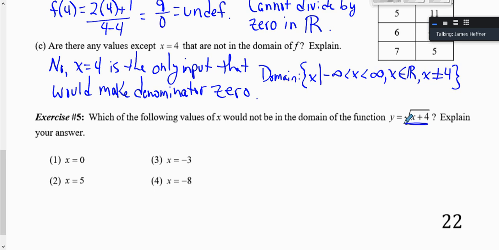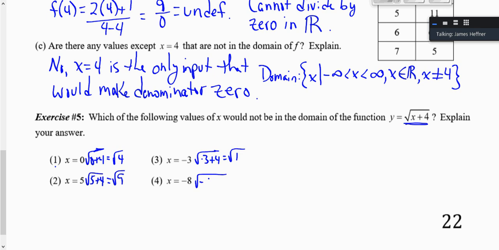So let's look at number 1, the square root of 0 plus 4. Well, that's just the square root of 4, isn't it? That's fine. Let's try this one. That'd be the square root of 5 plus 4. That's the square root of 9. That's not a problem. Let's try choice 3. That'd be the square root of negative 3 plus 4. That's the square root of 1. Is that a problem?